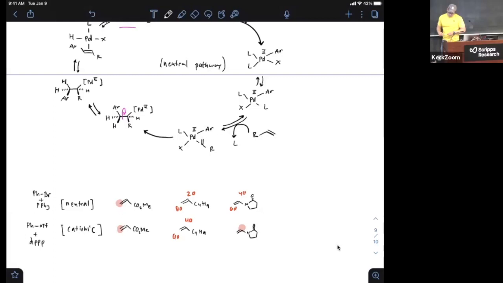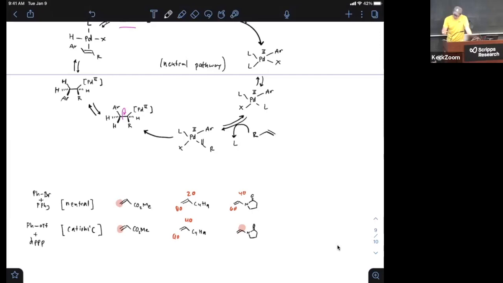I think it might be X anion dependent here, because the triflate you might expect to already be outer sphere. Right? So yeah, it's a good question, Wenji.